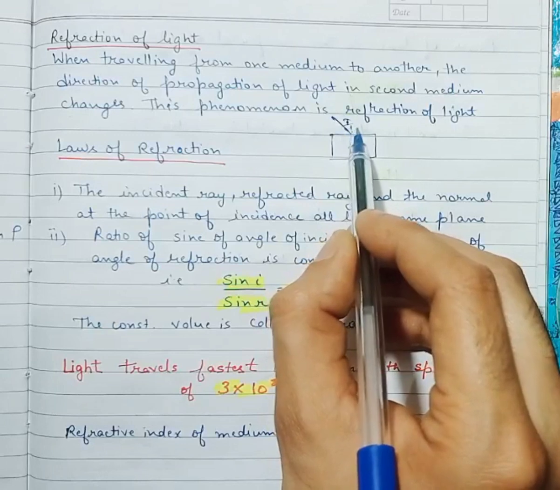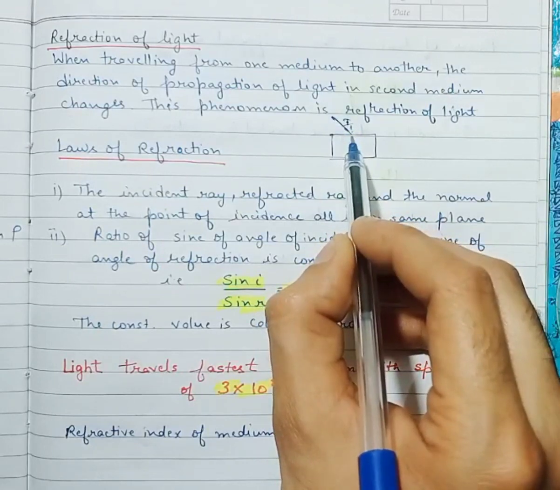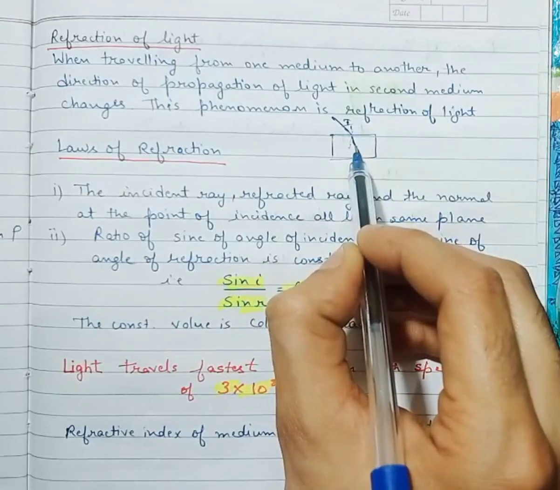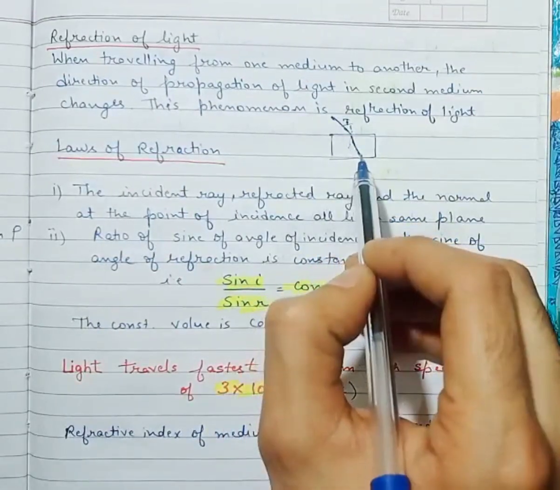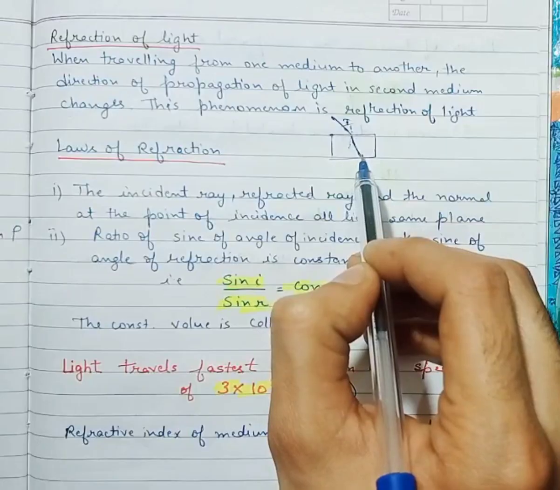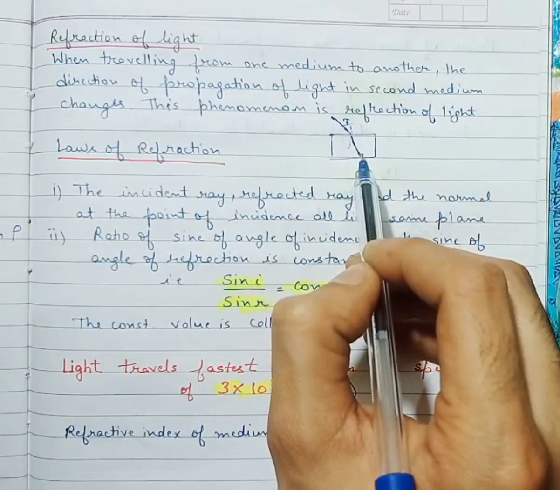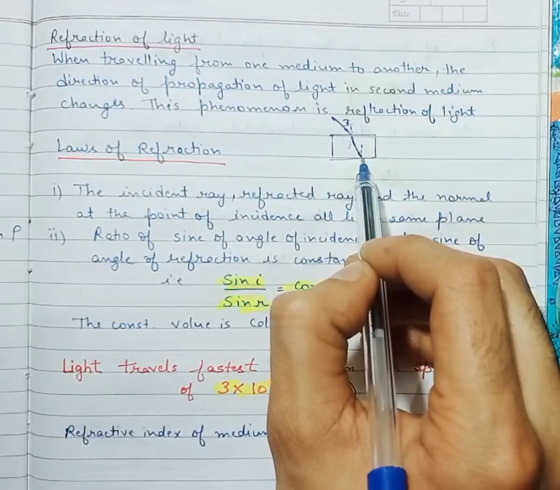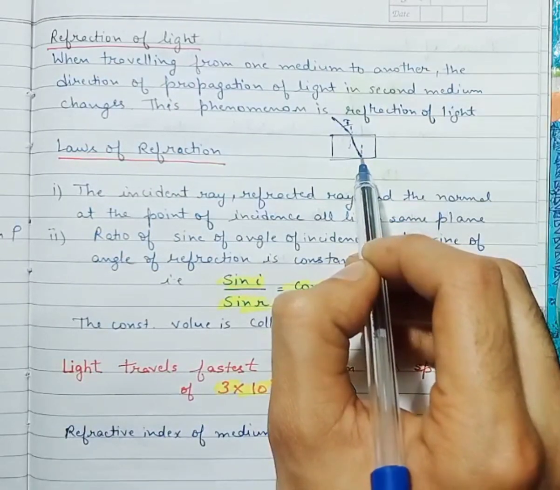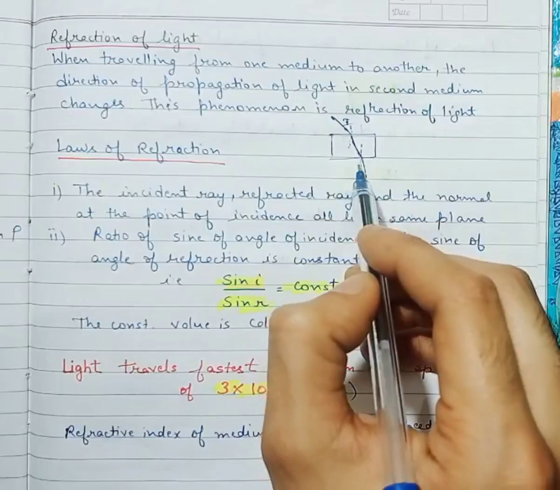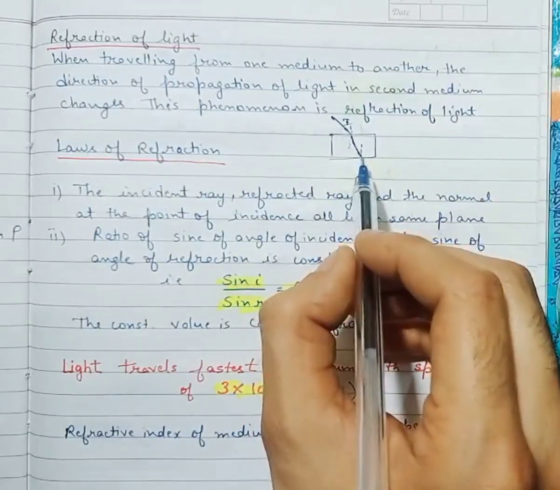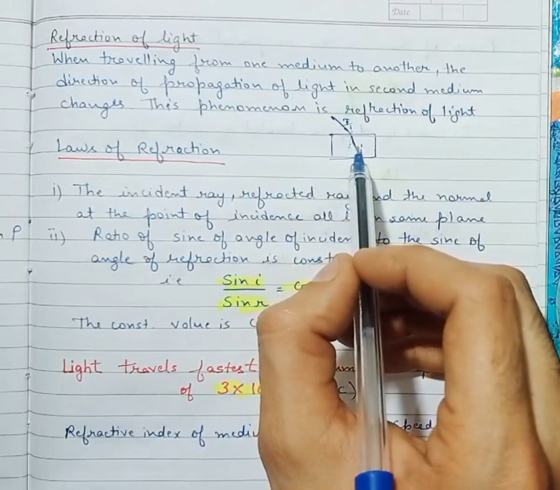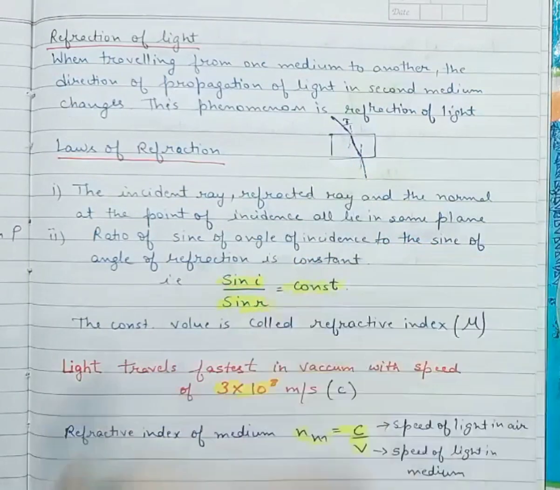When it goes from air to glass, the light will move closer to the normal, and at the end of the surface of the slab there is another normal, and here the refracted ray moves away from the normal. So we can say that this phenomenon is the refraction of light.